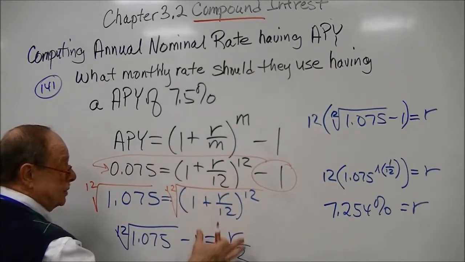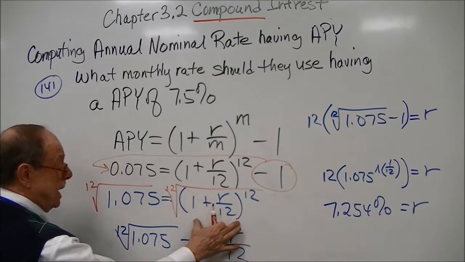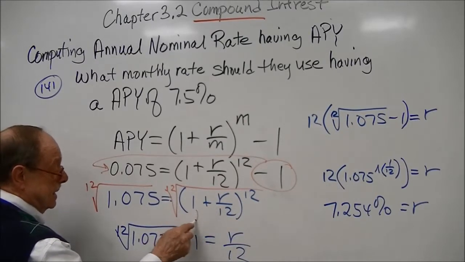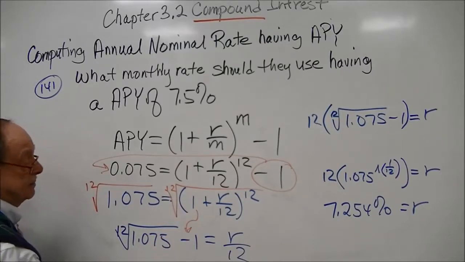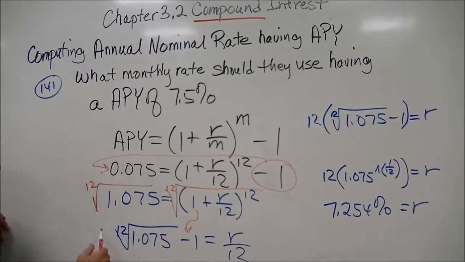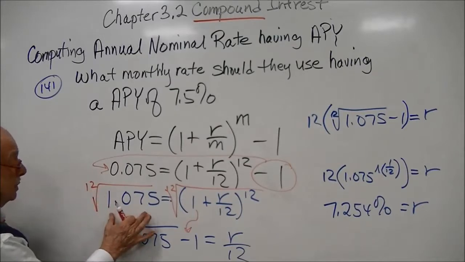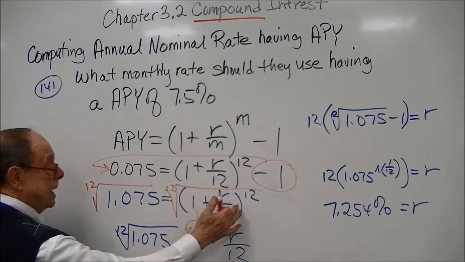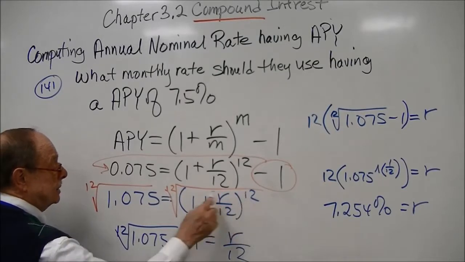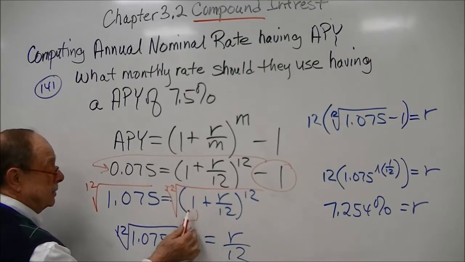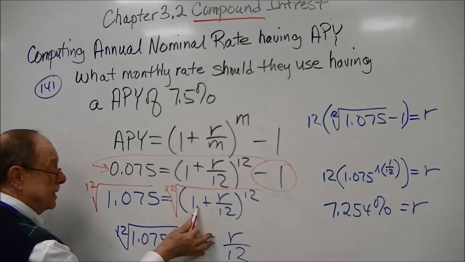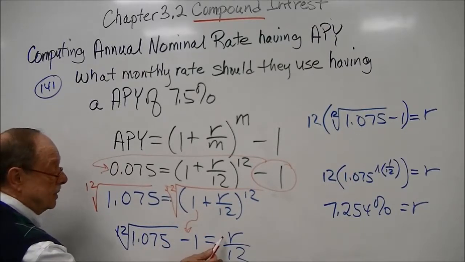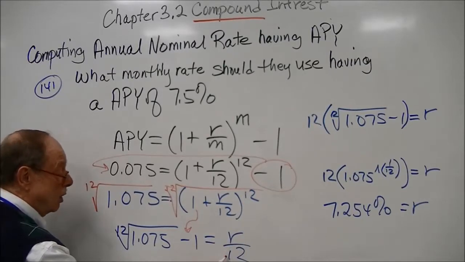So this is just going to become the radicand. And I already took that one and moved it over to the other side. So I was a little ahead of myself. And I'd have the 12th root of this. So when this just became the radicand, again, this all disappeared. I took that +1 from this side, moved it to the other side. Now I have left R over 12.